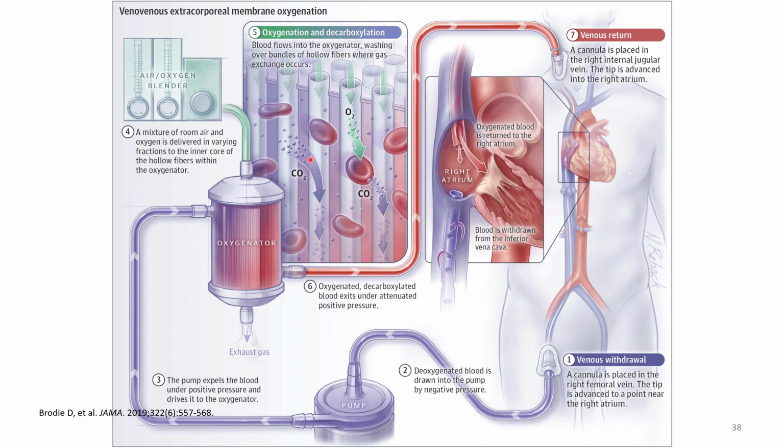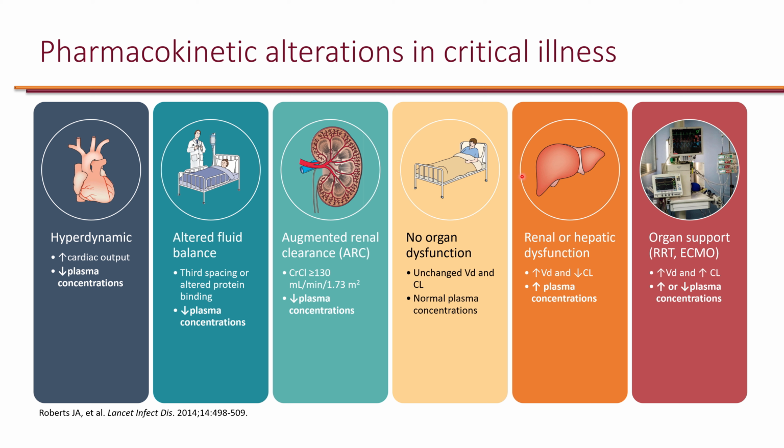So this is a big machine, and as you can imagine, the blood is going through this big machine, so volume of distribution changes. But ultimately, drugs can also get stuck in this machine, so that will affect your drug levels or concentrations. The best thing to do is therapeutic drug monitoring when available, because we cannot do therapeutic drug monitoring for every drug.